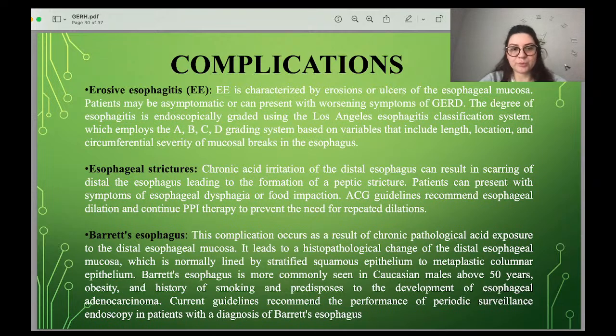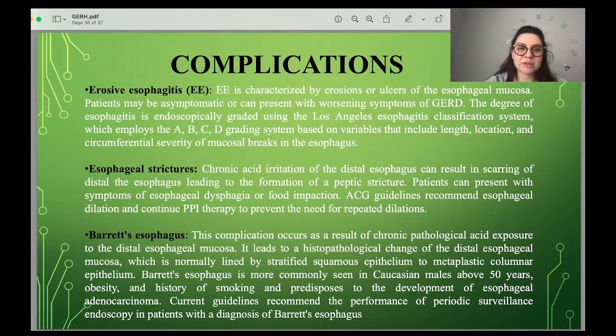Barrett's esophagus. This complication occurs as a result of chronic pathological acid exposure to the distal esophageal mucosa. It leads to a histopathological change of the distal esophageal mucosa, which is normally lined by stratified squamous epithelium, to metaplastic columnar epithelium.